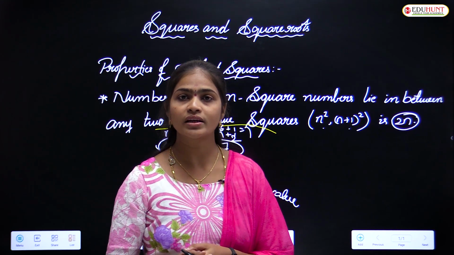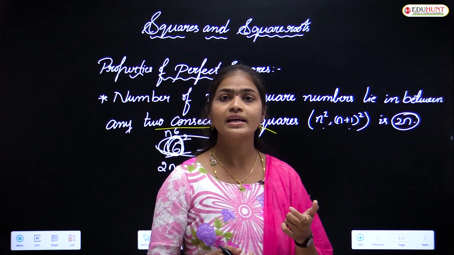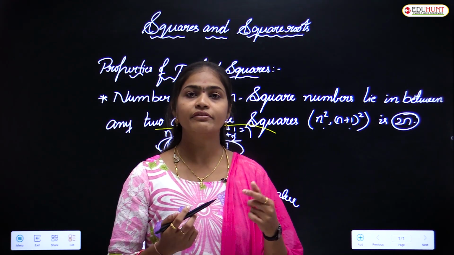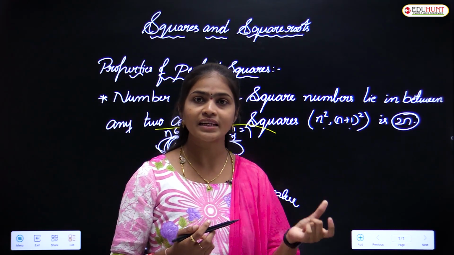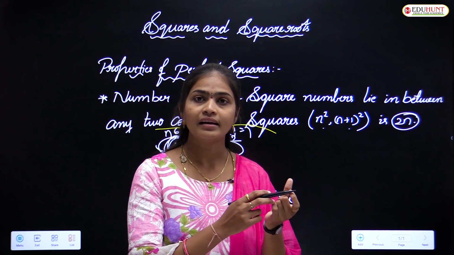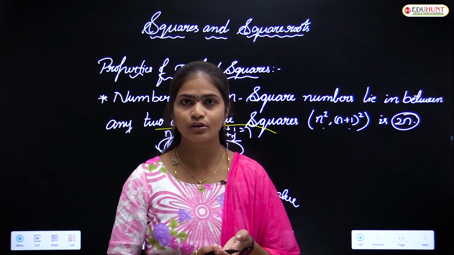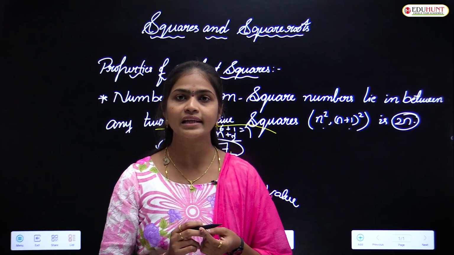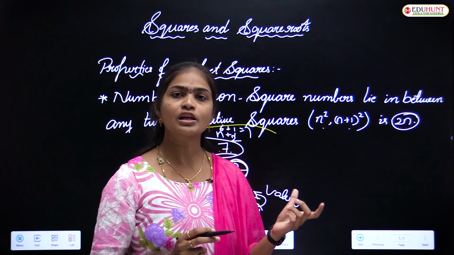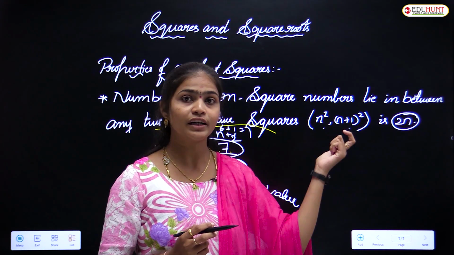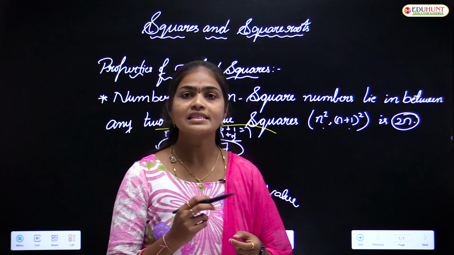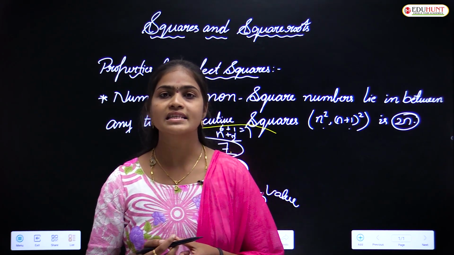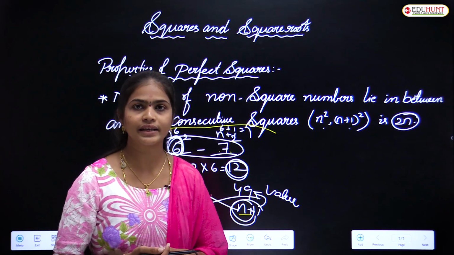The second one: a perfect square should end with an even number of zeros. If there is an odd number of zeros, we can easily say it is not a perfect square. The last point: the square of an even number is always even.